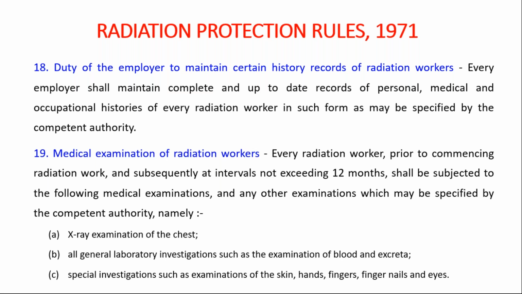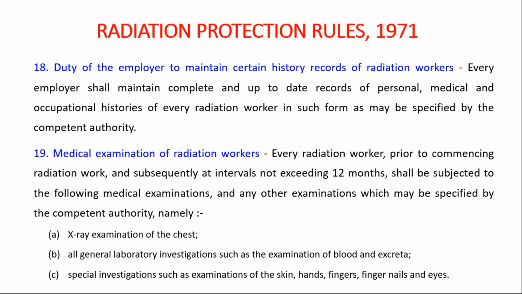X-ray examination of the chest, all general laboratory investigations such as examination of blood, then excreta, and special investigations such as examination of the skin, hands, fingers, fingernails and eyes. So these are the body parts where the possibility of contamination or radiation hazard is there.